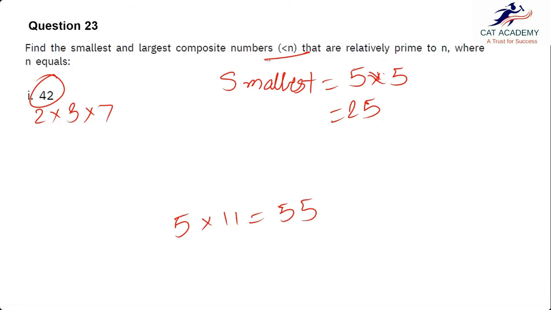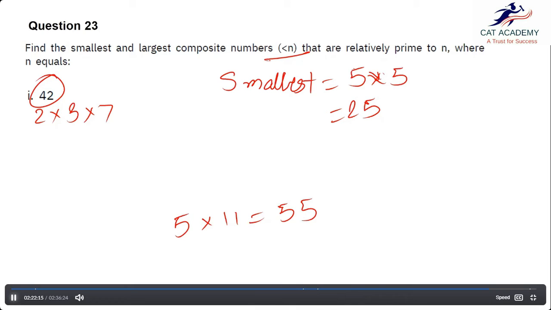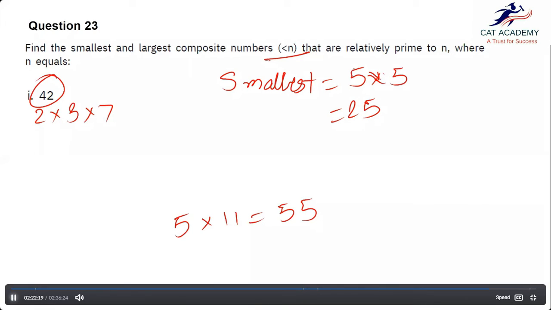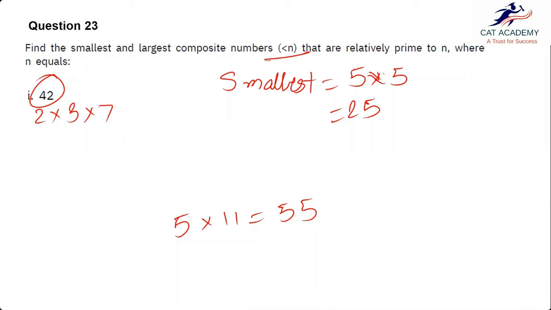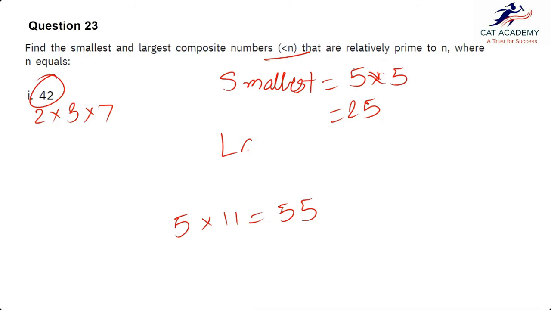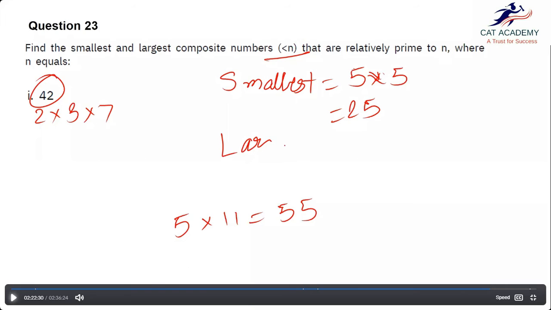If my second smallest is also outside my range, then the only acceptable value 25 would be the smallest, and the same would be the largest because it is the only possible value within the given range. So thus my largest would also become 25.